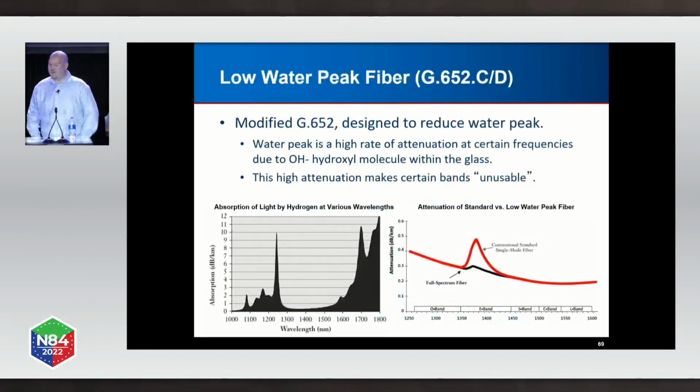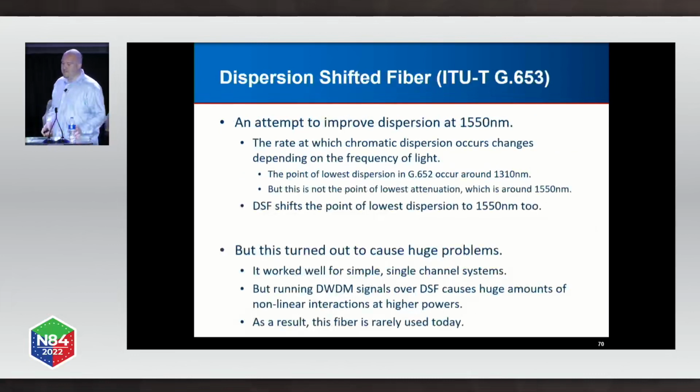So the low water peak fiber, like I said, they just engineer the glass so that it removes some of the hydroxyl molecules, and you have less attenuation in some of these bands. So the dispersion shifted fiber, like I said, you need dispersion. It's the best way to describe this. When you have dispersion, you have a signal come in and you have what's called walk-off.